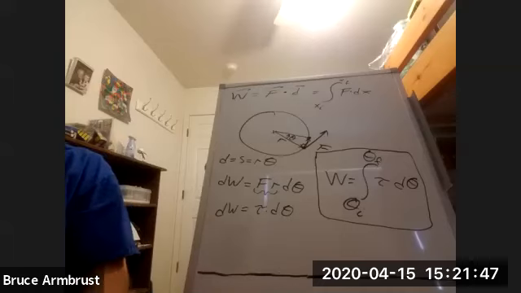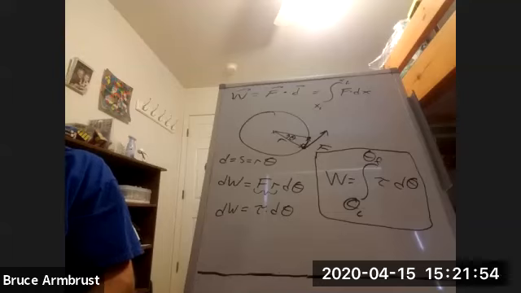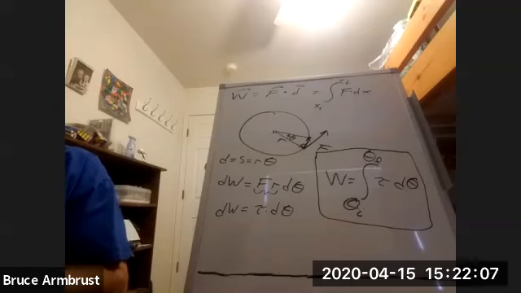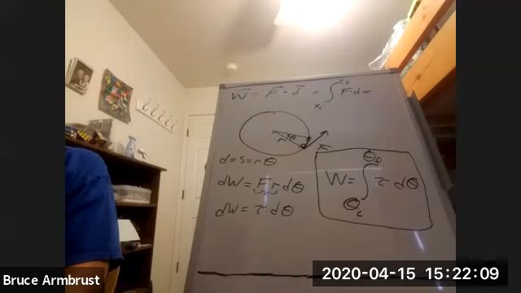All right, so this is torque doing work on a rotating body. But of course, work then is a change in energy, right? That's our change in kinetic energy. And so we can have the same work-kinetic energy theorem.